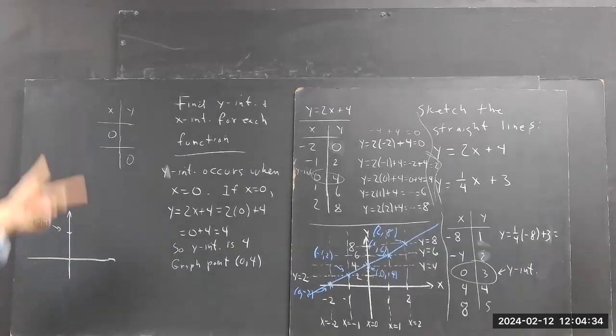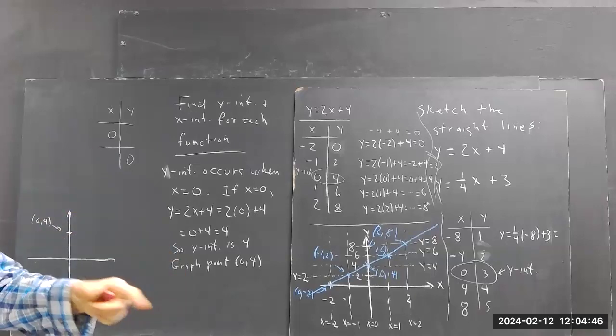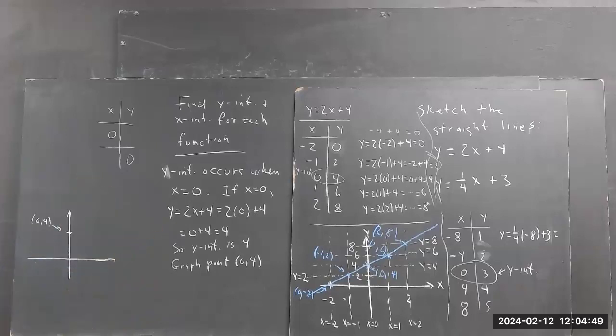I didn't even put a scale on this graph. We didn't start with a grid. We just drew a set of axes and said I want 4 to be about that on the y-axis. Put it up here or down here or wherever.